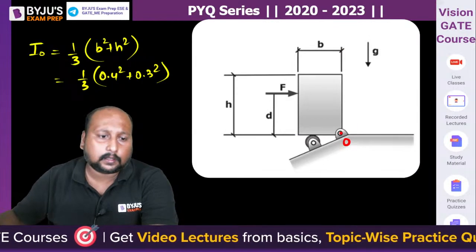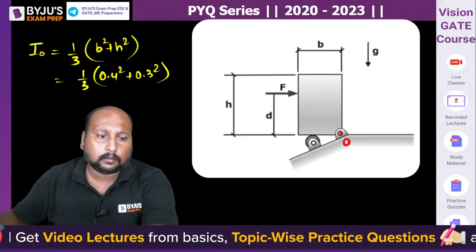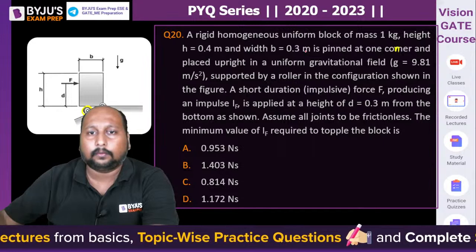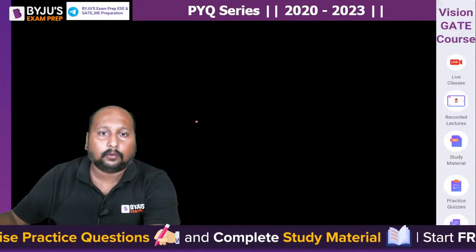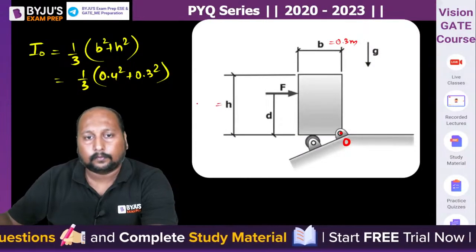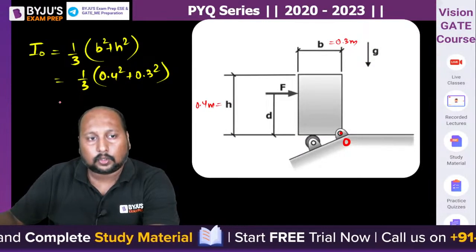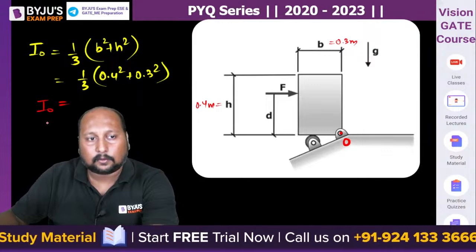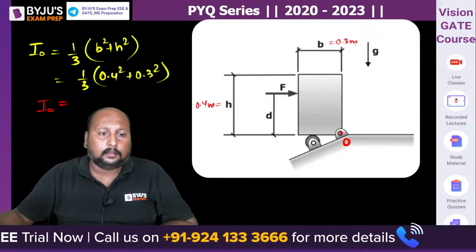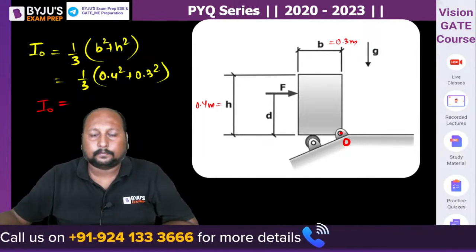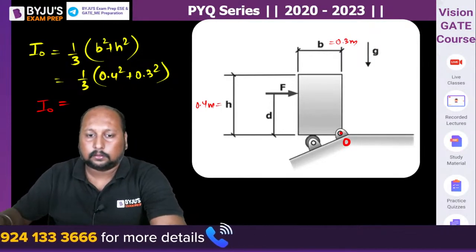What's the value of B? B is equal to 0.3 and H is equal to 0.4 meter. Solve कीजिए and बताइए what is the value of I0. Once I0 is calculated, after that you can calculate the value of this one. अरे क्या हुआ? 1 second guys.